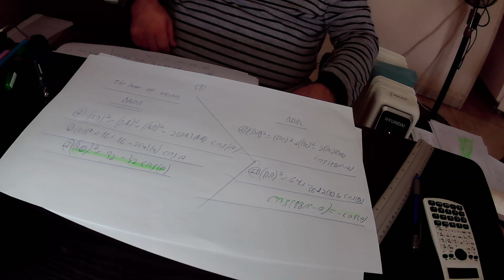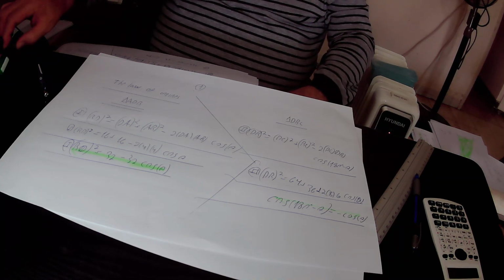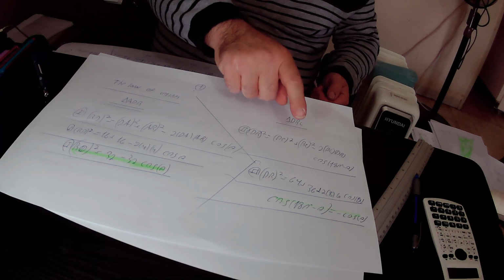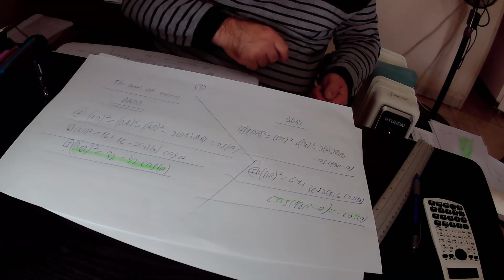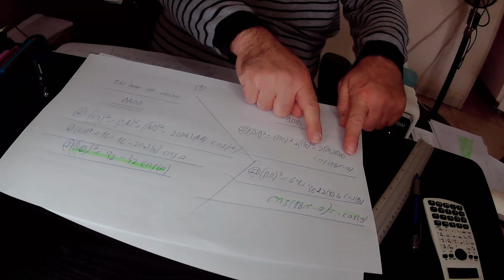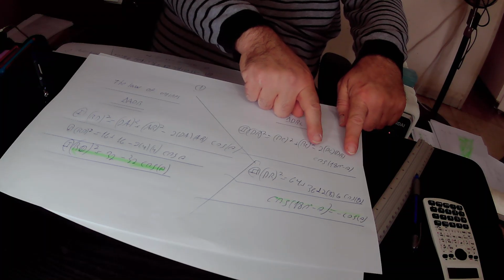We have the trigonometric identity that says that cosine of 180 degrees minus theta equals minus cosine theta. Therefore, we can substitute cosine of 180 degrees minus theta in this equation by minus cosine theta.